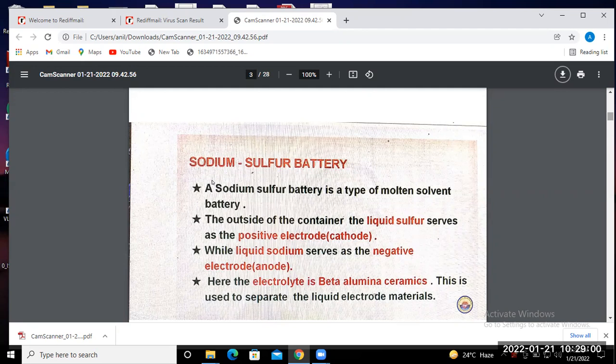Okay. So as you may see from the name of this battery, sodium and sulfur. So sulfur acts as the cathode terminal, that means the positive electrode, and sodium is your negative electrode, that means the anode terminal.